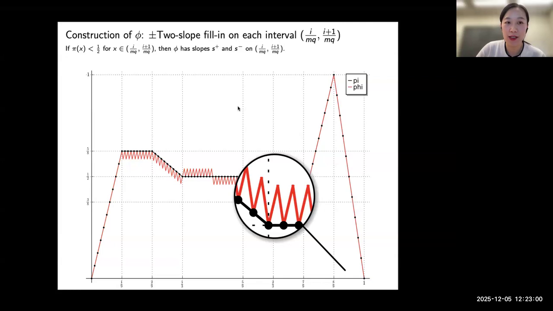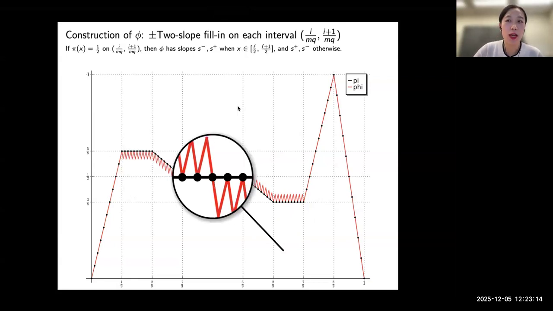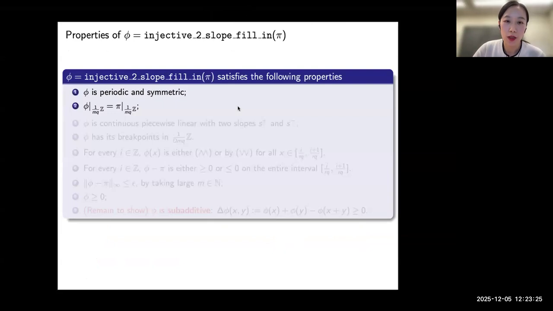Namely, if pi(x) is less than 1/2, then we add a tent to get phi. If pi(x) is currently greater than 1/2, then we subtract a tent from pi to get phi. And if it is 1/2, then we look at where it lies compared to this special right-hand side constant f/2. So already from this construction, we can see the new function phi is periodic and symmetric. It agrees with the original function pi on a more refined grid of 1/mq.